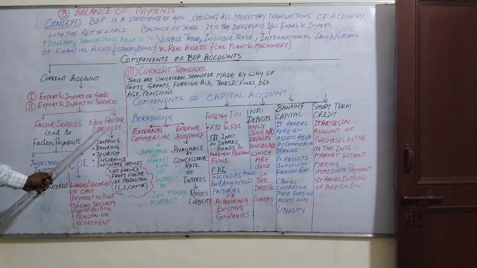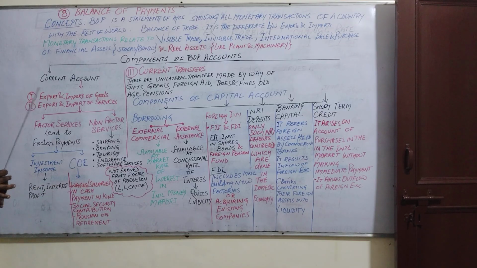Factor services and non-factor services, number two, are divided. Factor services lead to factor payment: rent, interest, profit, like that. Factor payment is further divided into two parts, investment income and COE, compensation of employees.